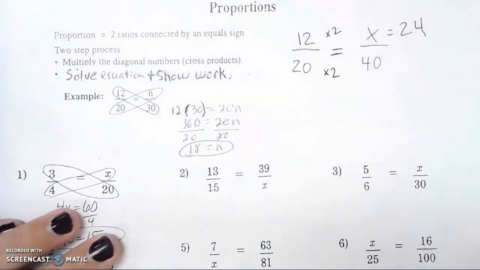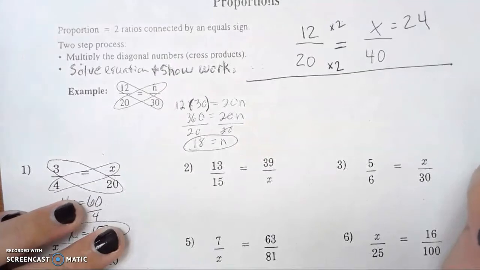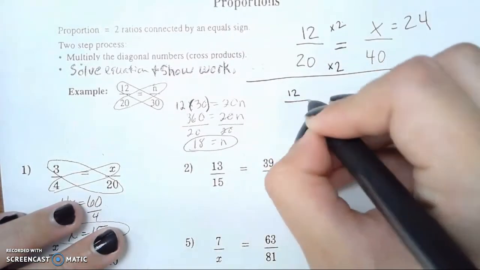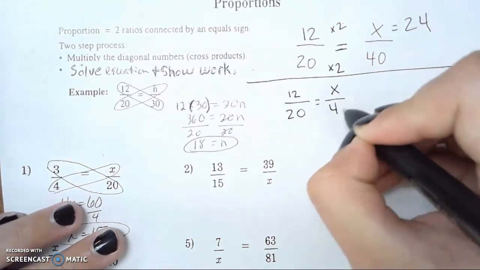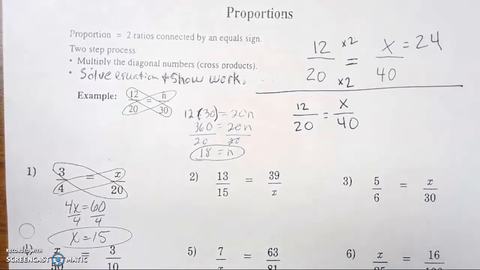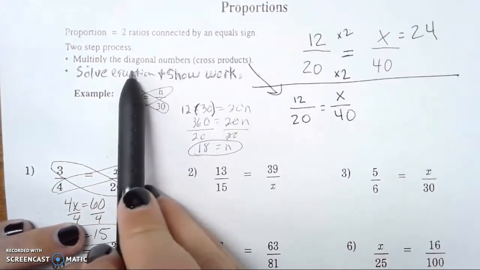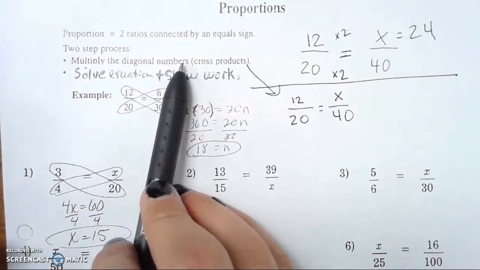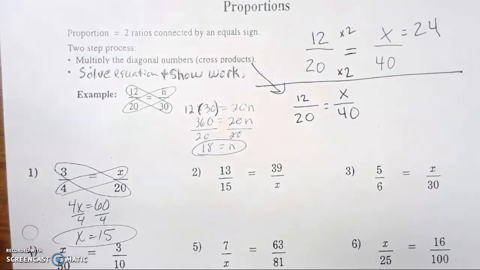So here's the second way, and the way that I prefer that you guys use to solve these problems. Okay, so I'm going to use the same problem to show you guys that we will get the same answer. And the way that I teach it is called cross products. So cross products is when you multiply the diagonals, and that will create an equation for you, and then you just solve it with a one-step equation.